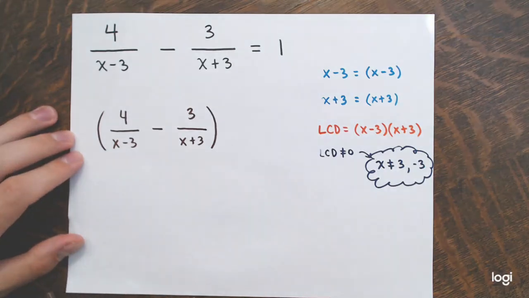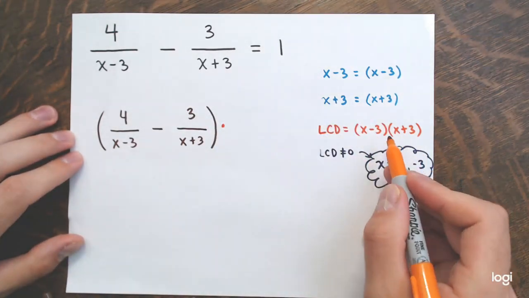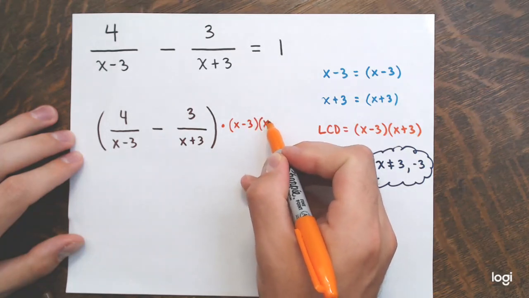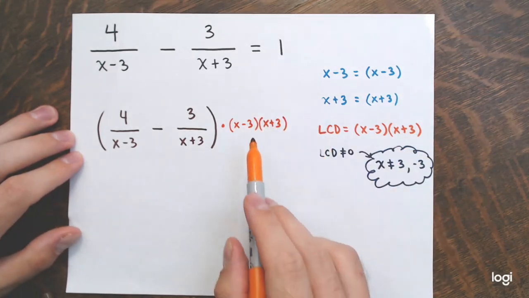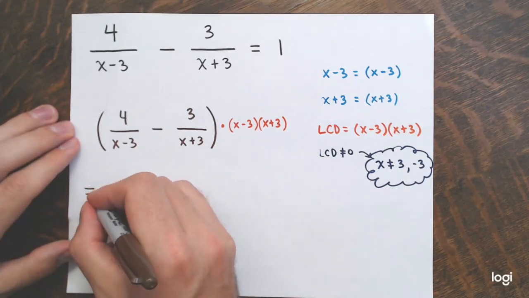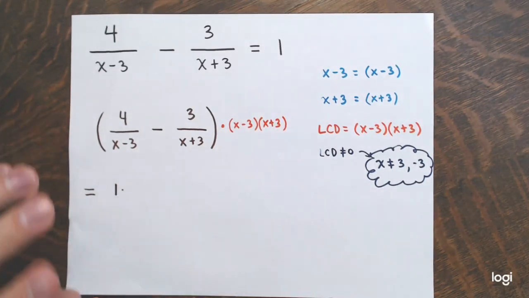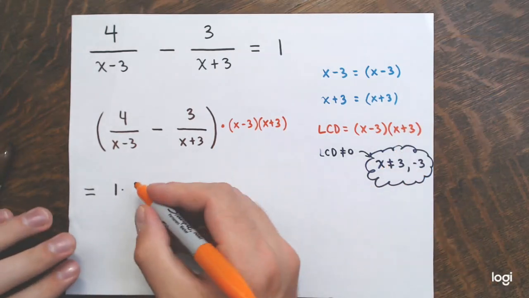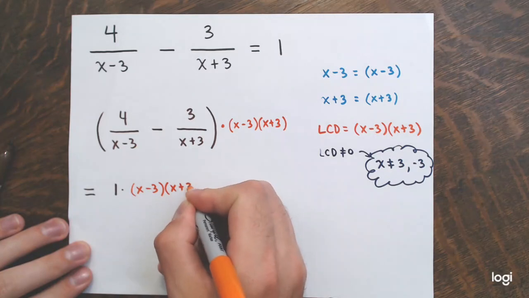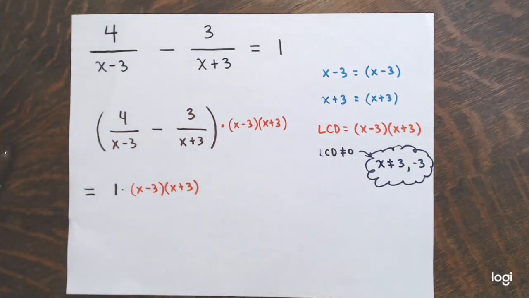And that's getting multiplied by the LCD, both of these factors, x minus 3 times x plus 3. Again, there's going to be some distributing going on here. Equals, and then the other side is just 1 times the LCD, so x minus 3 times x plus 3.